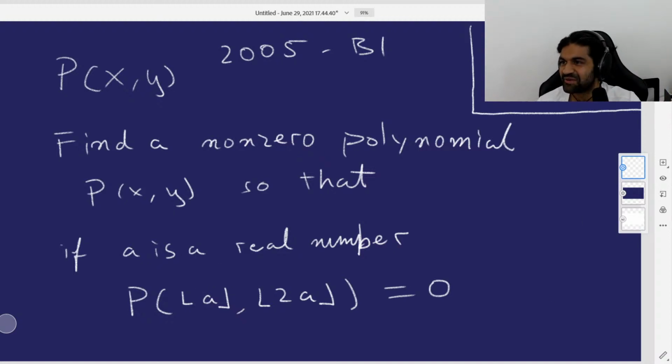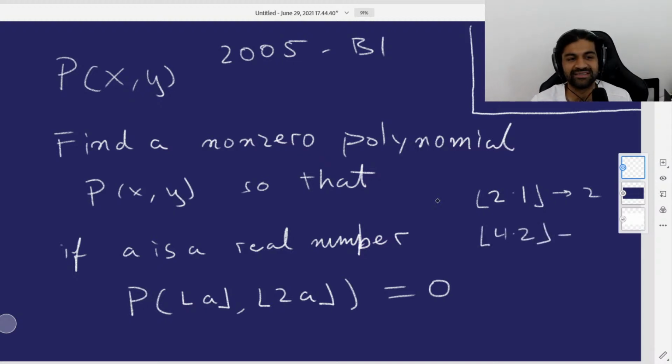For example, if you take 2.1, the floor of 2.1 is 2, and then the floor of 4.2 is 4.